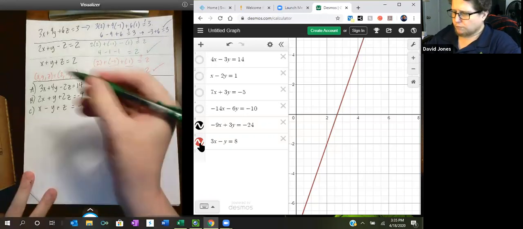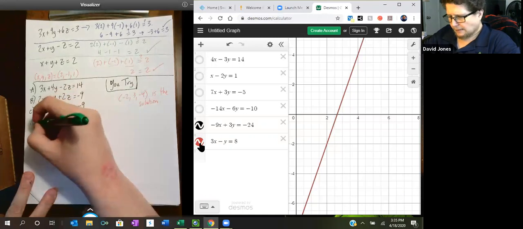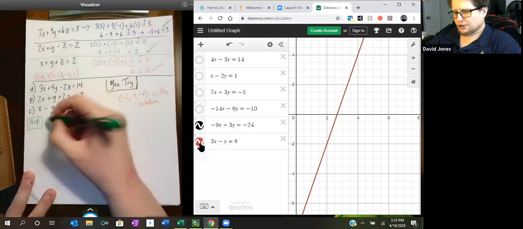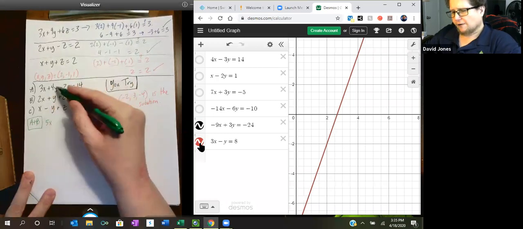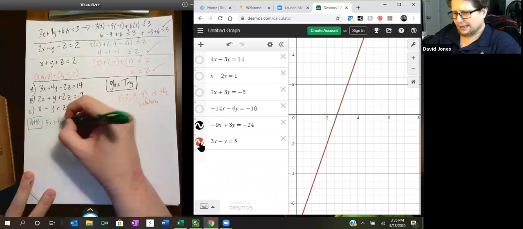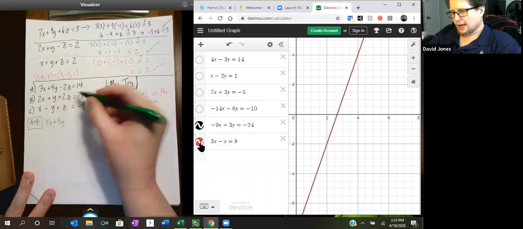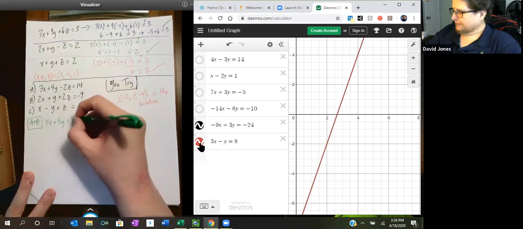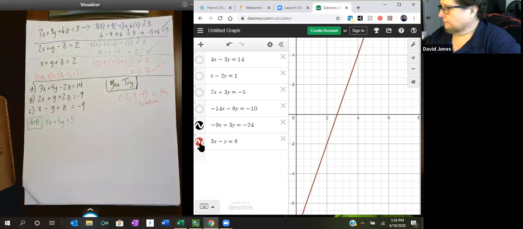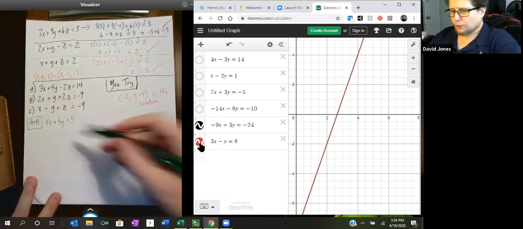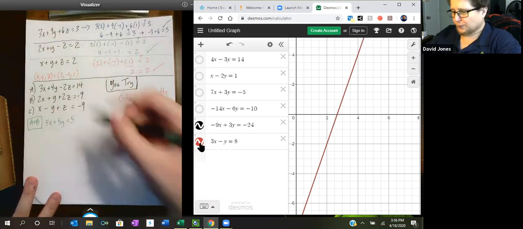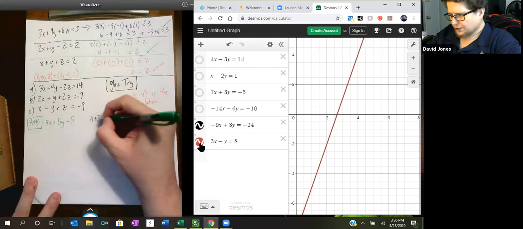So if I do A plus B, 3x plus 2x is 5x, 4y plus y is 5y, and my z's go away, and I get 14 minus 9 is 5. And now I need to work with C as well. If I'm going to get rid of z's, I need to multiply this by 2. So I'm going to do A plus 2C.